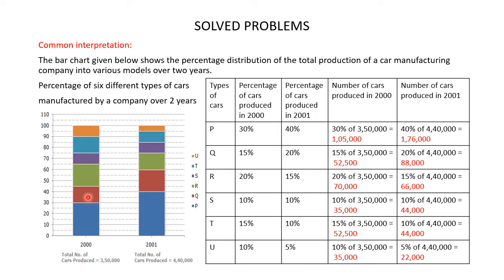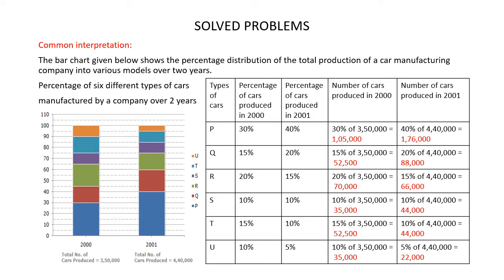Now, red color is for Q type cars. The height of the red rectangle is 45 minus 30, which is 15. This means 15% of the total number of cars produced in 2000 is of the Q type. Let's move on to the green color rectangle.